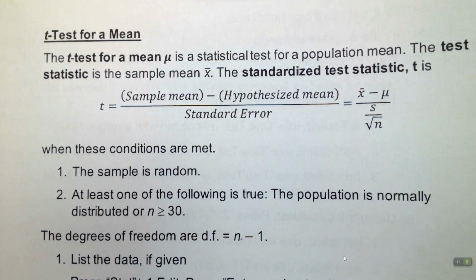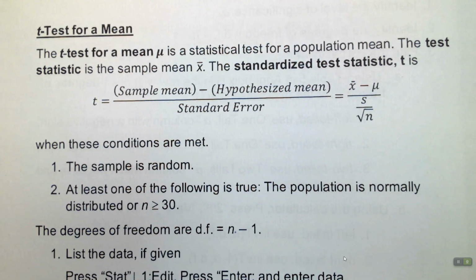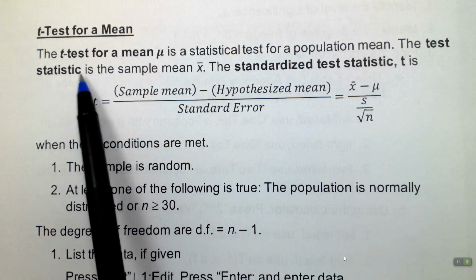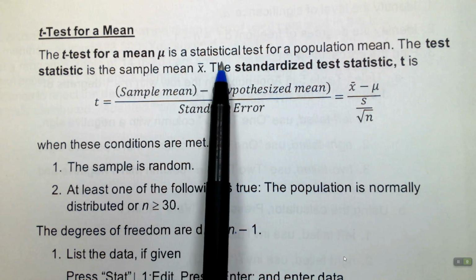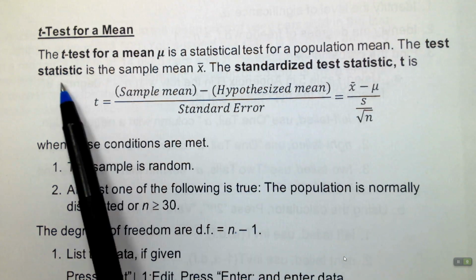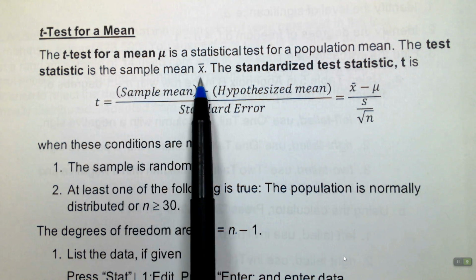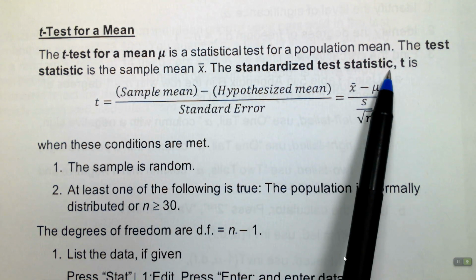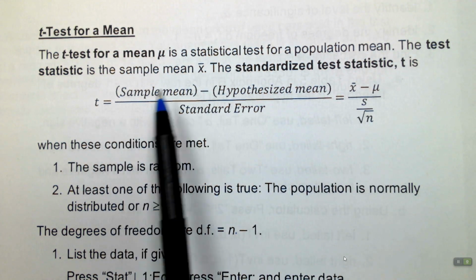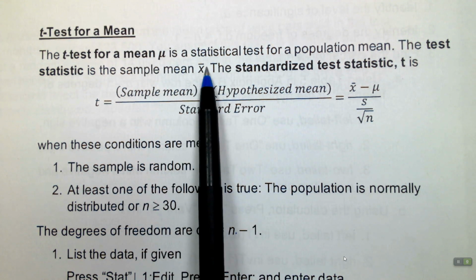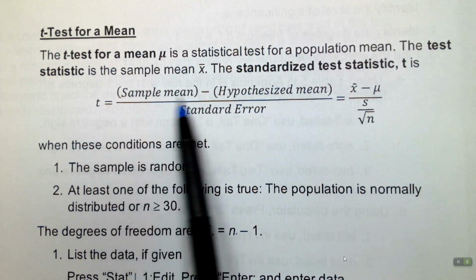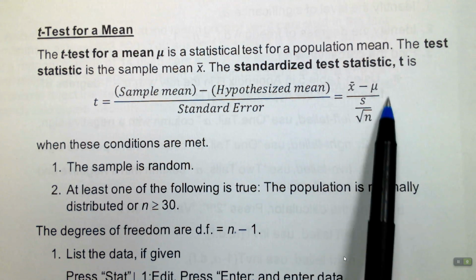So let's go over the t-test for a mean. The t-test for a mean is a statistical test for a population mean. The test statistic is a sample mean, and the standardized test statistic t is, so you convert your sample mean to a t by using this formula.